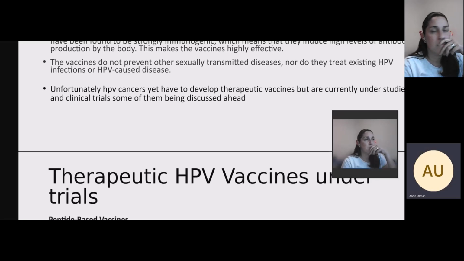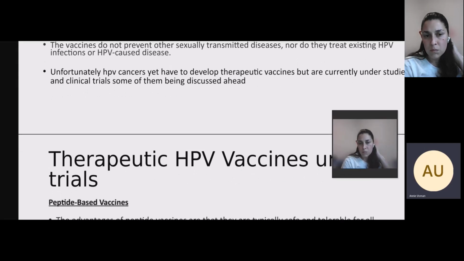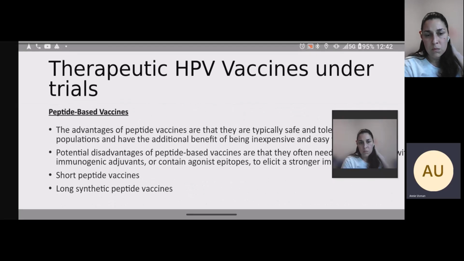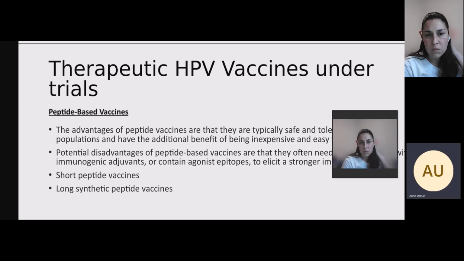So these vaccines do prevent HPV-related infections, but they can't work as a therapeutic vaccine. This is something that I'm just going to brush over, because from what I gathered, they're still doing clinical trials on therapeutic HPV vaccines.